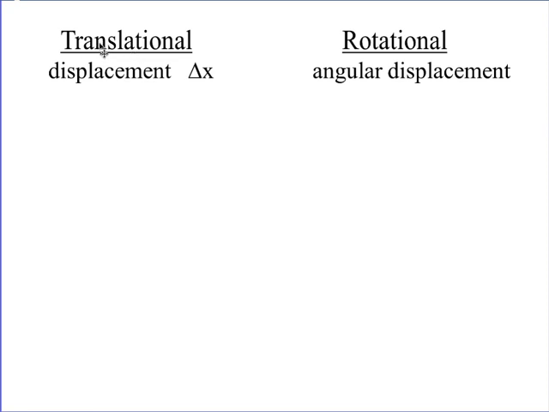To start one place and end in a new place. But rotation, you don't go to a new place. You stay in the same place, you just change your orientation, your angle. So instead of traditional displacement, delta x, we now have angular displacement, which is going to be delta theta, and it's going to be measured in radians instead of in meters.